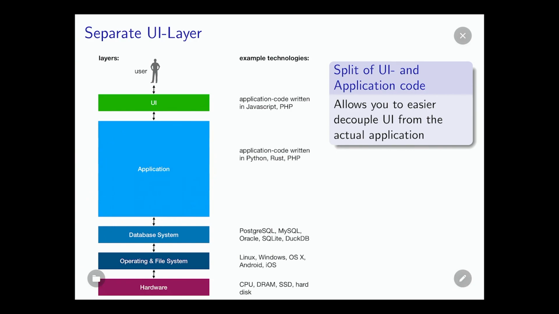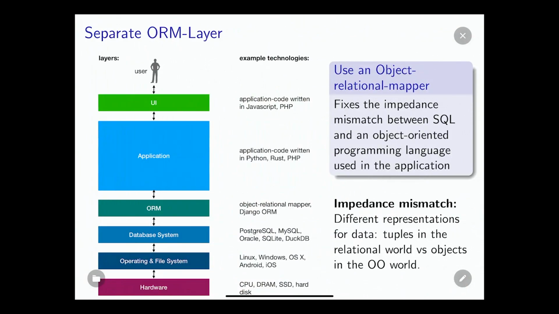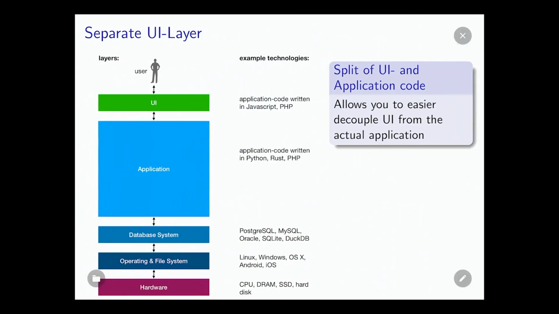That's one way of splitting that up, but you could split it up even more, and that is something we will be looking at today. If I go back to the previous slide, once you start developing an application, you fiddle around with SQL statements in your application. That's basically what we did in the Jupyter notebooks. There we had these Python statements, and then we sent SQL statements, and we got relational data back. You feel like that's pretty nasty when you develop a bigger application.